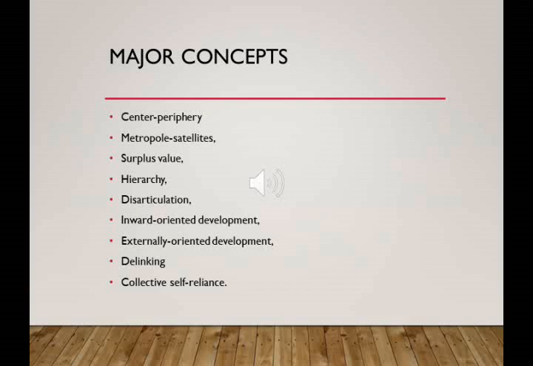Why? Because the markets are in the north. So even the transportation network was directed more to the needs of the center. So this is this articulation. Economic sectors in countries of the south are not closely integrated, are not closely connected to each other. This is not the case of economic sectors in developed countries. So this is what is meant by the notion of disarticulation.